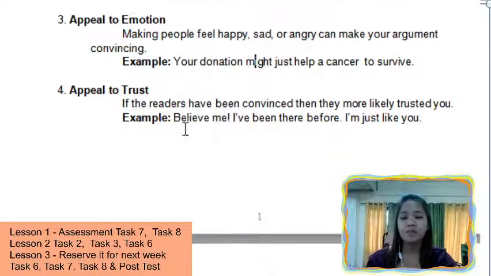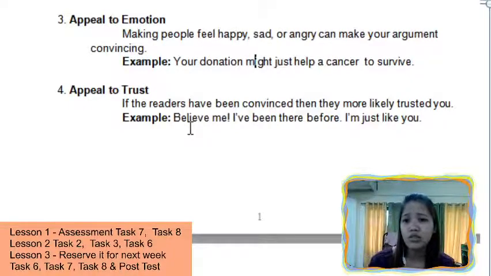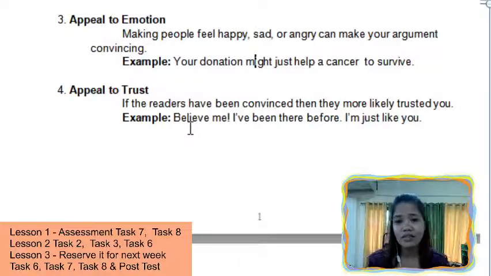Number 4, appeal to trust. This is actually something that is innate in us. If you are someone who is trustworthy, there is a greater chance that people will believe what you are writing.